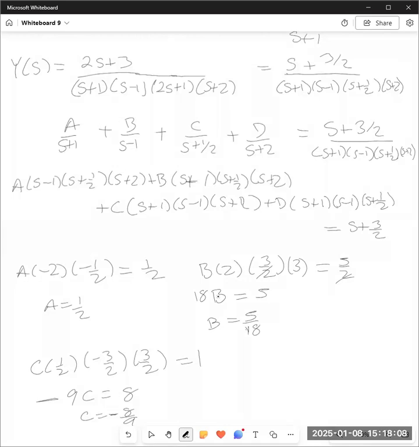Let me check that: C, negative 1/2, one half, negative 3/2, positive 3/2, 2/2 is 1.